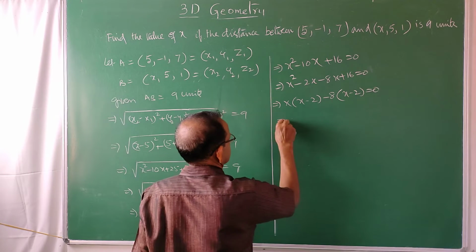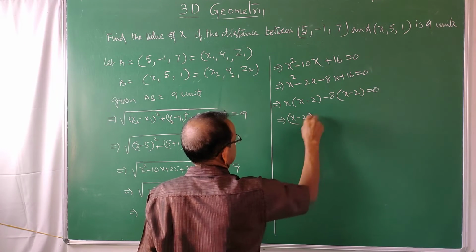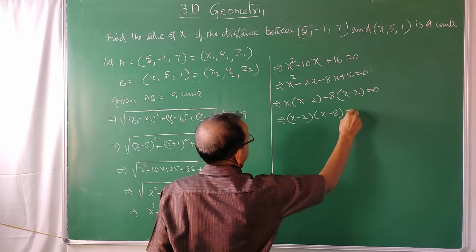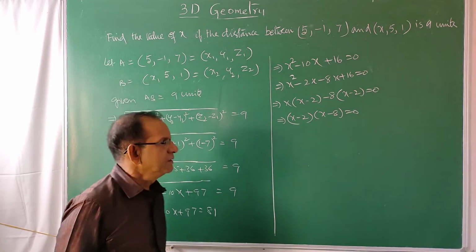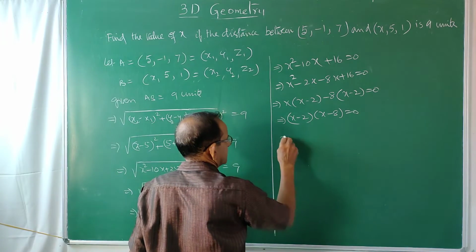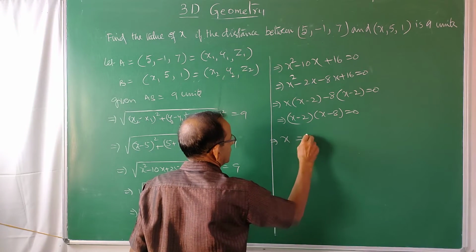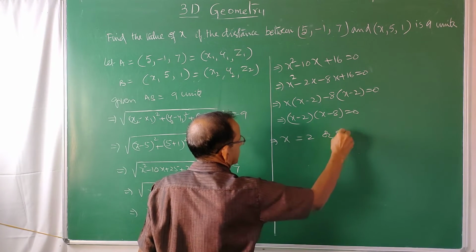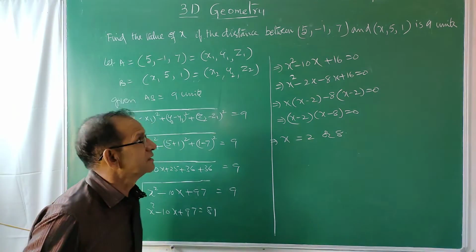That implies (x - 2)(x - 8) = 0. From that, the two values of x are 2 and 8. So x is equal to 2 or 8. Two possibilities are there.